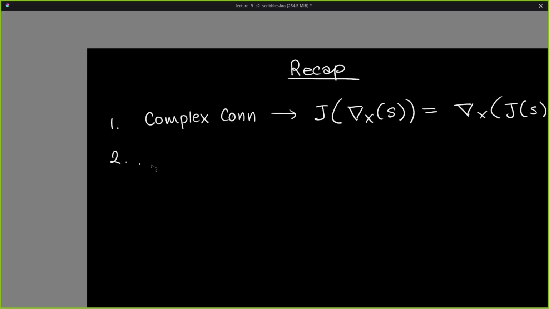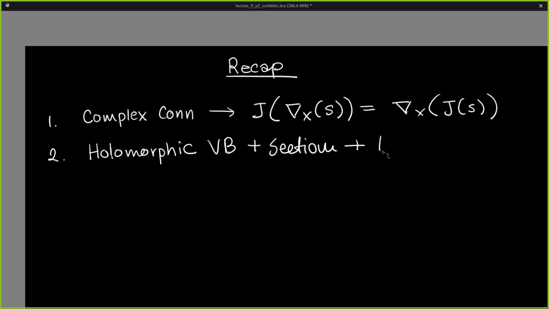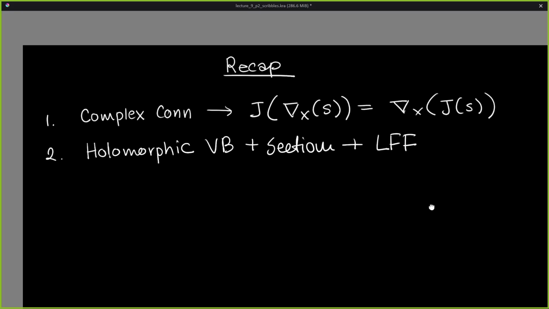But then we also needed to define something called the holomorphic vector bundle. We also defined a holomorphic section. We defined a holomorphic local frame field.